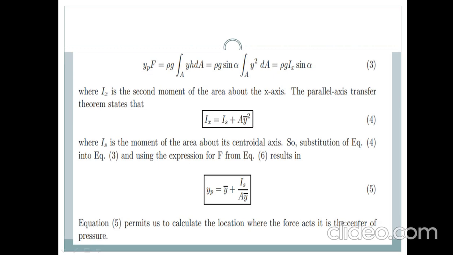So yp is equal to y bar plus I upon A y bar, where the plane is vertical to the surface, that is, theta is equal to 90 degrees, where y bar is the vertical distance of the center of gravity from the free surface, I is the moment of inertia of the area about the centroidal axis, and A is the area of the object.